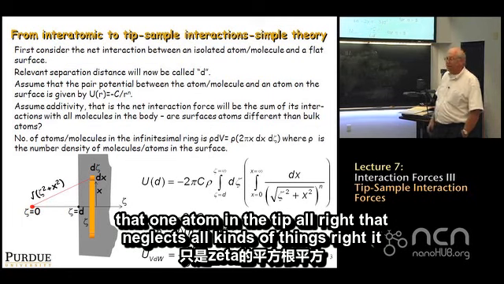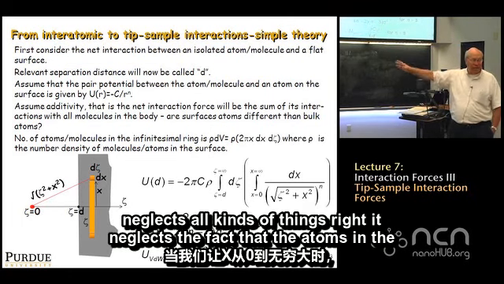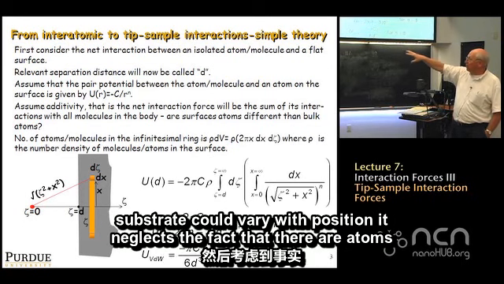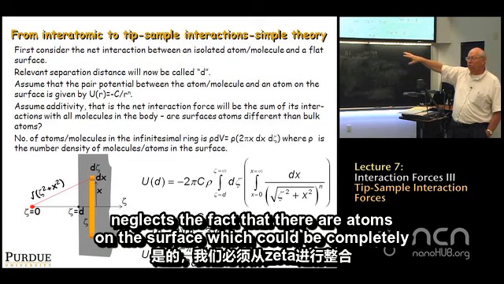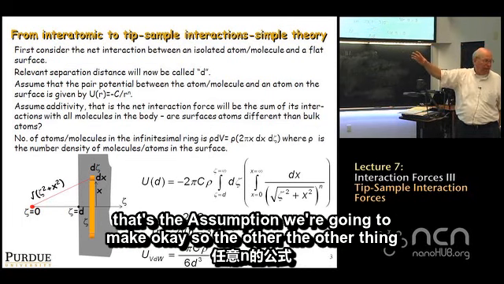That neglects all kinds of things. It neglects the fact that the atoms in the substrate could vary with position. It neglects the fact that there are atoms on the surface which could be completely different than atoms in the bulk. But that's the assumption we're going to make.